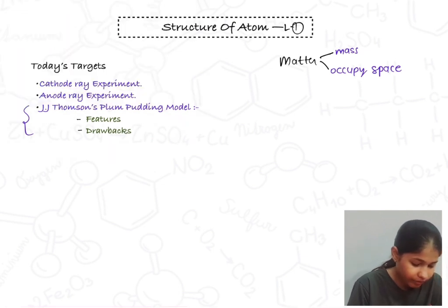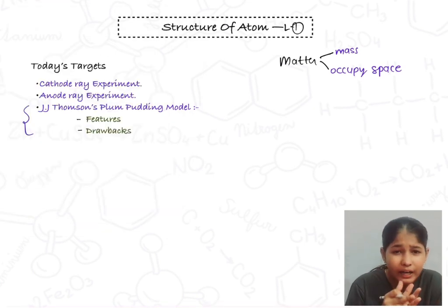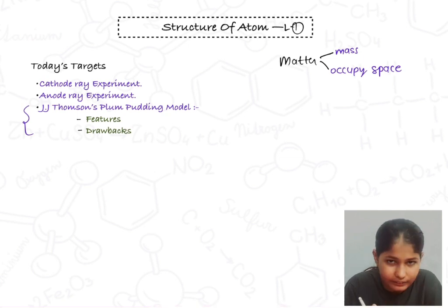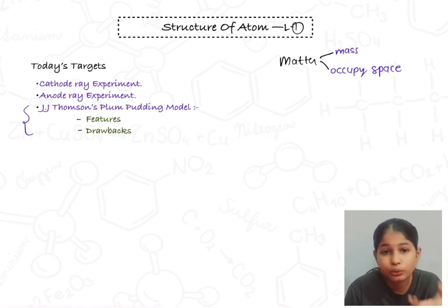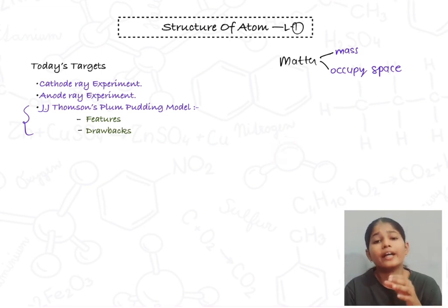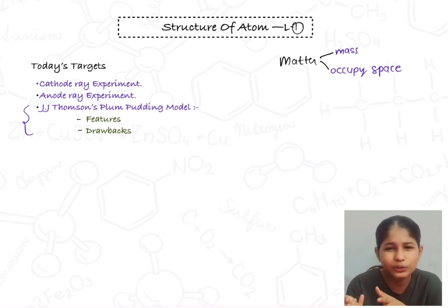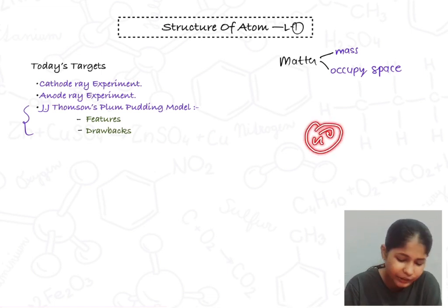After discovering both the electron and proton, as I have already told you, no one even had the idea that a neutral particle could also exist inside the atom, because the neutron hadn't shown any type of effects, and that's why no one focused on it, and it was assumed that only two particles are present, electron and proton. But as you know, Chadwick later discovered the neutron.